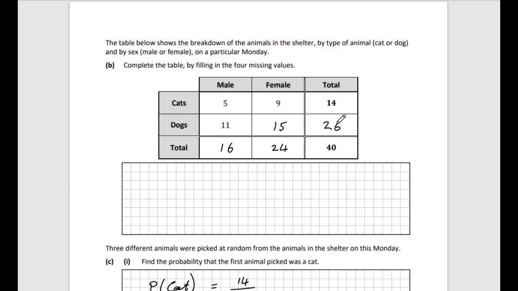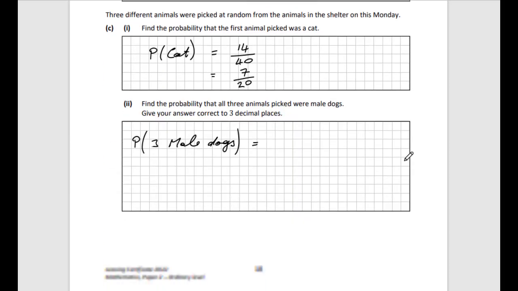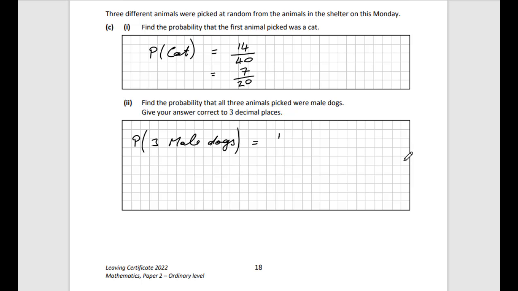Let's see, there are 26 dogs out of 40, but we need male dogs, so there were 11 male dogs out of 40.